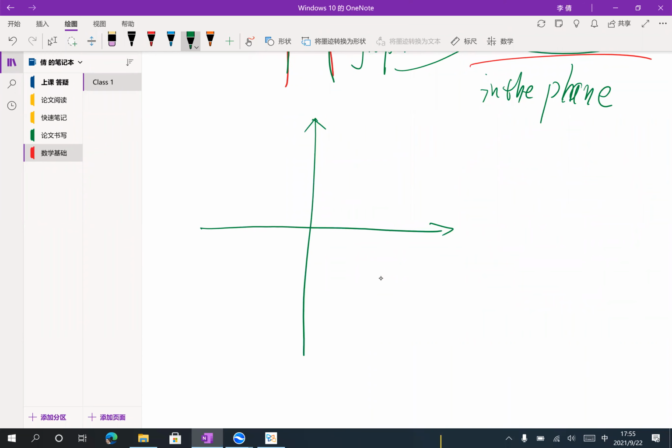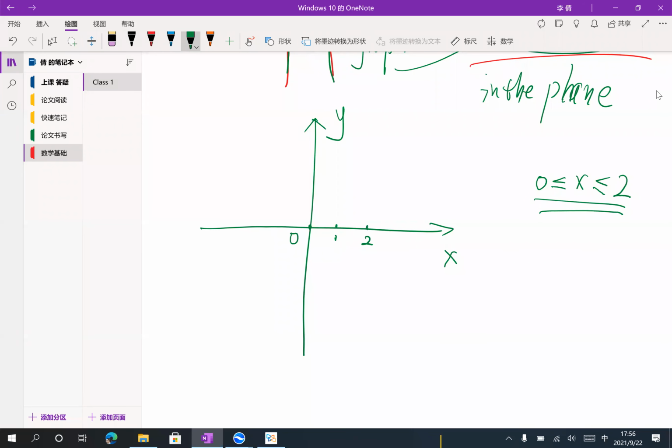This is the x axis, and this is 0. And we say x must be larger than or equal to 0 and smaller than or equal to 2. So all the x coordinates will be between 0 and 2, if this is 1, this is 2.